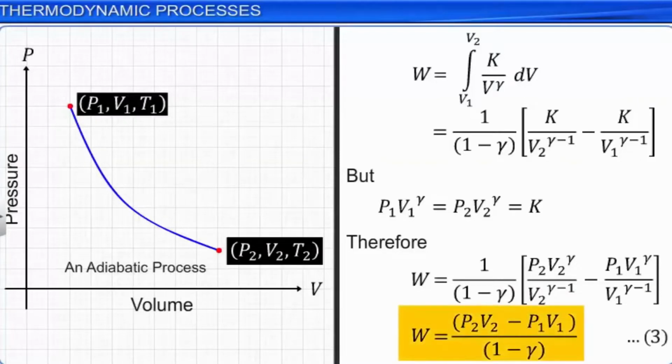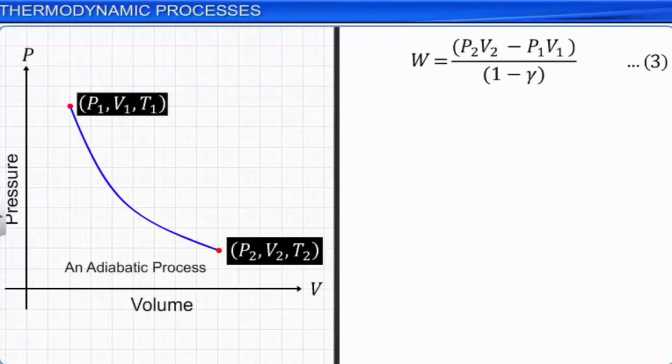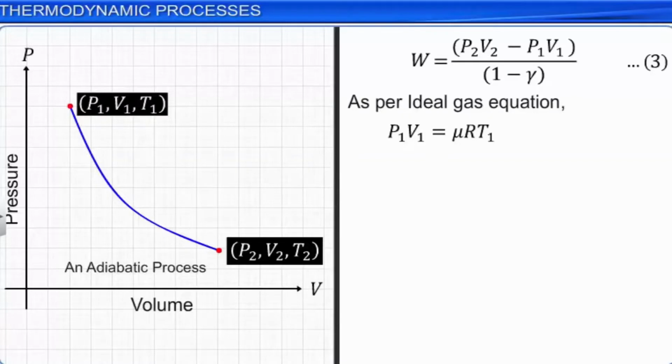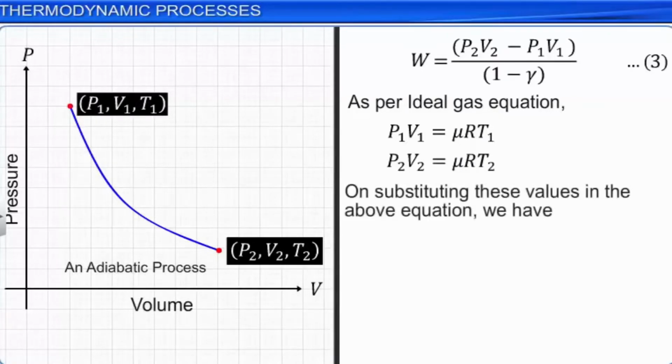We know that according to the ideal gas equation, P1 V1 is equal to mu R T1 and P2 V2 is equal to mu R T2. On substituting these equations in the above equation, we have W is equal to mu R into T2 minus T1 by 1 minus gamma. Equations 3 and 4 are the mathematical expressions for the work done by a system in an adiabatic process.